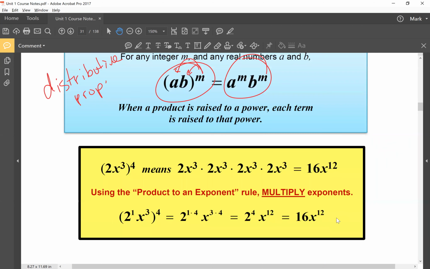If I took 2x cubed and I raise that whole thing to the power of 4, well, that means I'm writing this 4 times. So basically I'm going to distribute this 4 into my brackets. So I'll have 2 to the power of 4, x to the power of 3 times 4.